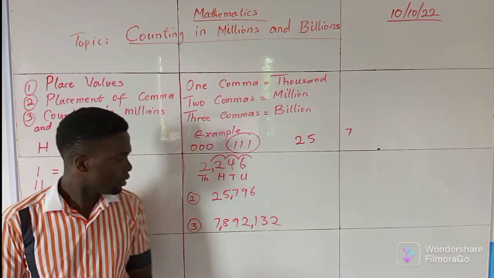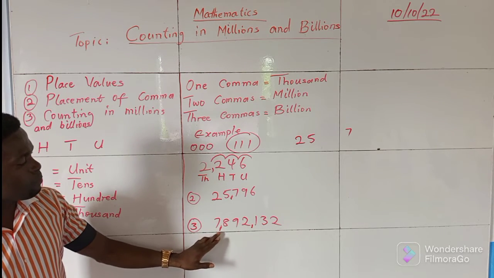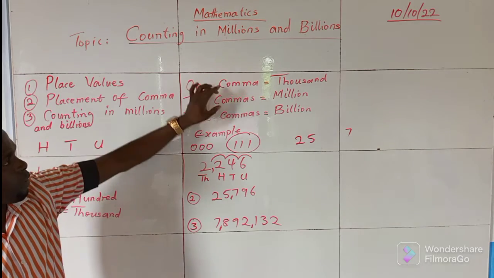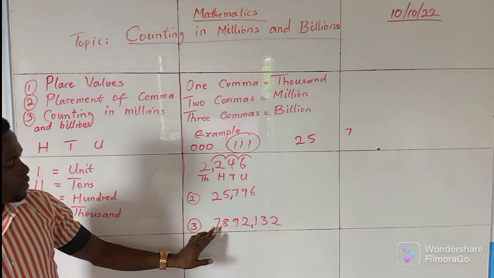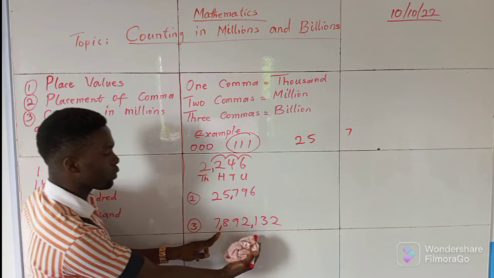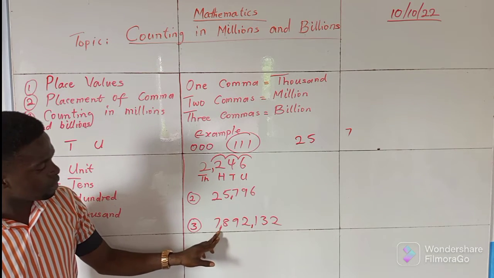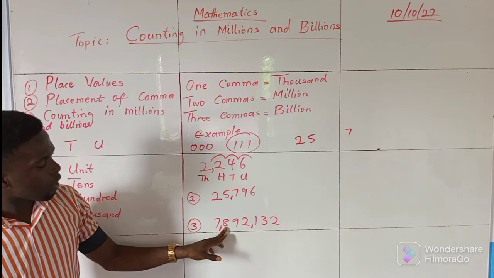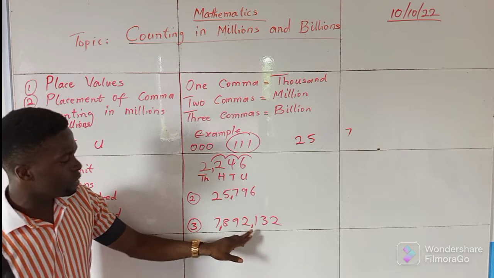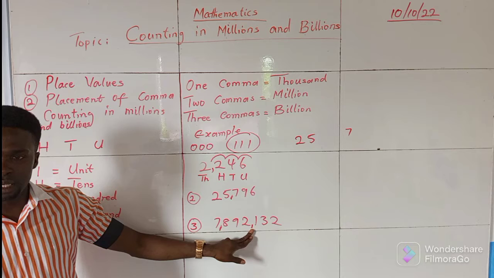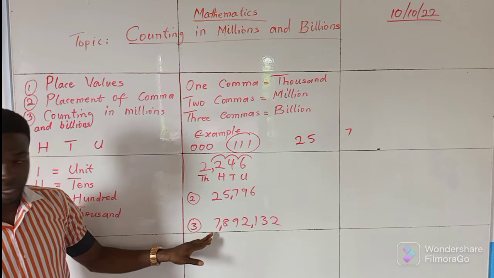Are you getting me? Now here we have 7 million, from our rule, where you have 2 commas, now is million. So you now have 7,892,000. Are you seeing it? Let me take it again.